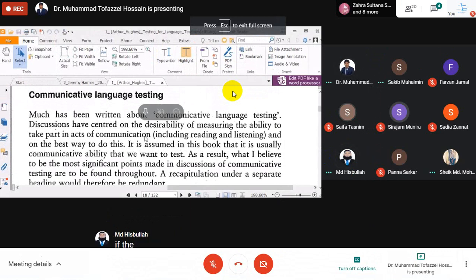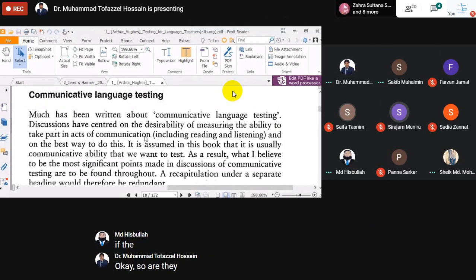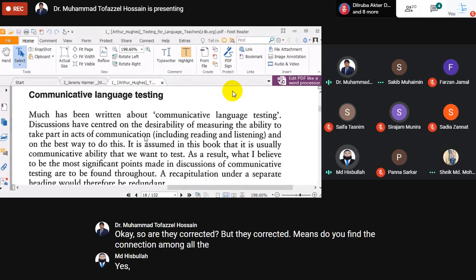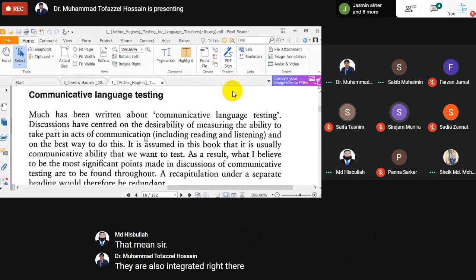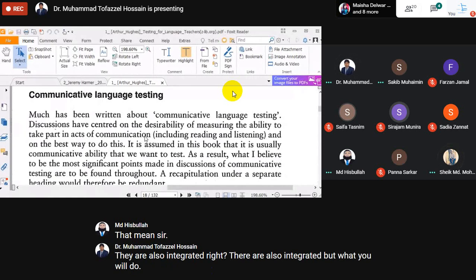Okay. So, are they connected? Do you find the connection among all the four skills? Yes, sir. That means they are also integrated, right? They are also integrated. But what you will do?